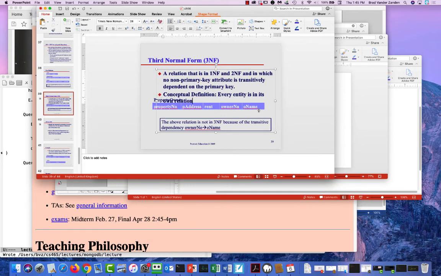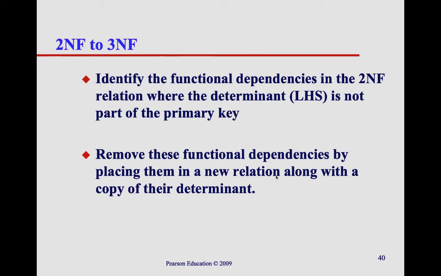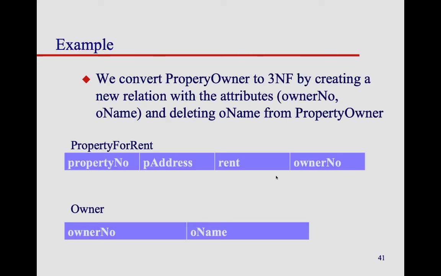So I'm not going to do that now. But what I'm saying, every entity is in its own relation. So that's third normal form. Okay, and again, the way we do that, we identify the transitive dependencies, move the attributes associated with the transitive dependencies into their own relation, and we are done.